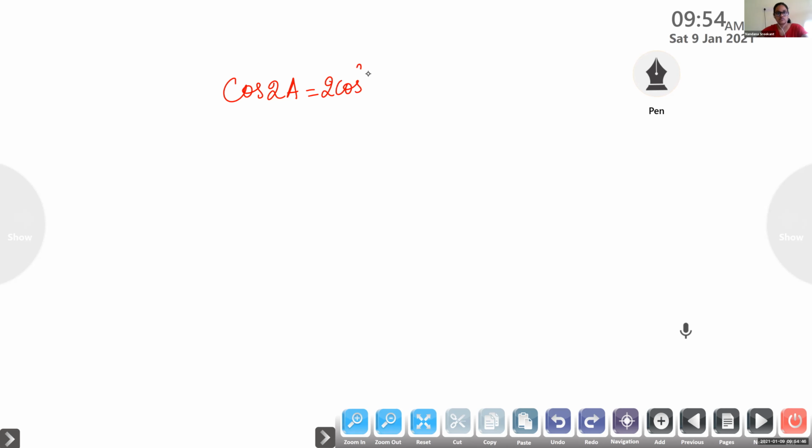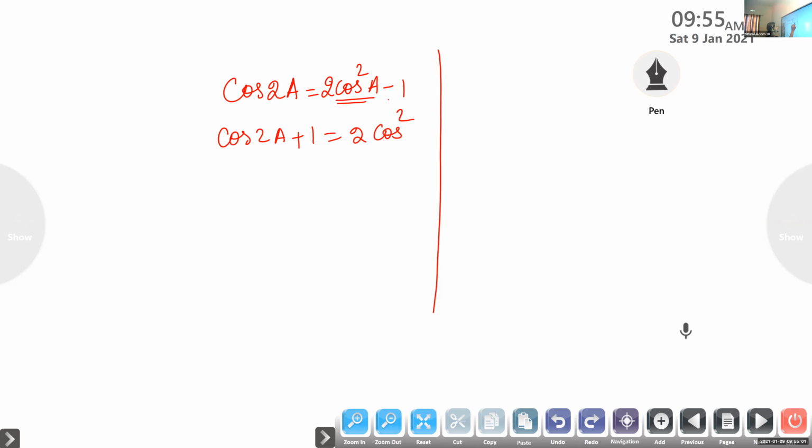Okay. From here, what is cos square a? Cos 2a is 2 cos square a minus 1. If you take the minus 1 to the other side, it is plus 1. So 1 plus cos 2a is 2 cos square a. From here, cos square a is 1 plus cos 2a by 2.